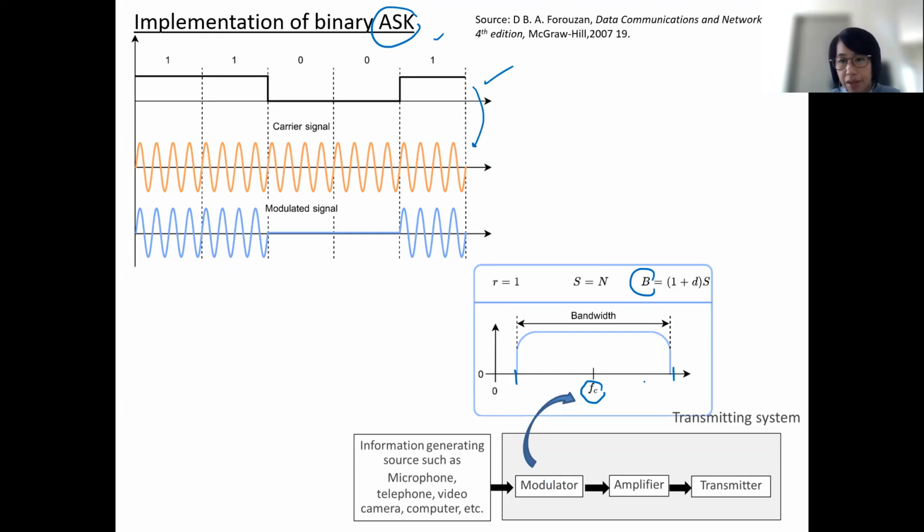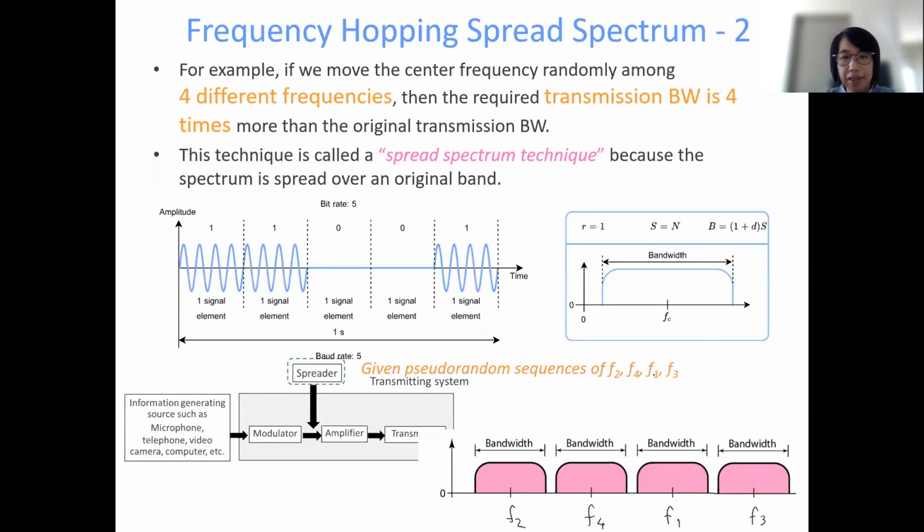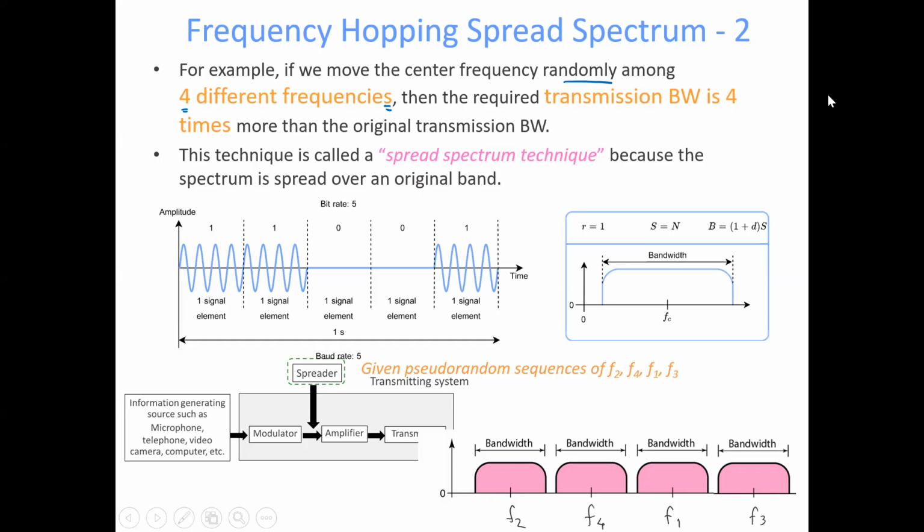You have a bandwidth like this, and then if you apply frequency hopping, for example, if we move the center frequency randomly among 4 different frequencies, then the required transmission bandwidth is 4 times, right? Because we move 4 times.